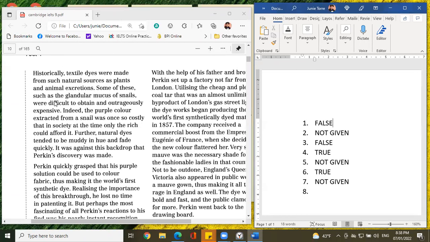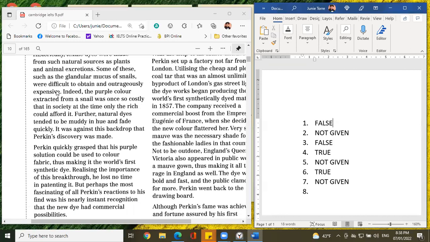Some of these, such as the glandular mucus of snails, were difficult to obtain and outrageously expensive. Indeed, the purple color extracted from a snail was once so costly that in a society at the time, only the rich could afford it. Further, natural dyes tended to be muddy in hue and fade quickly.